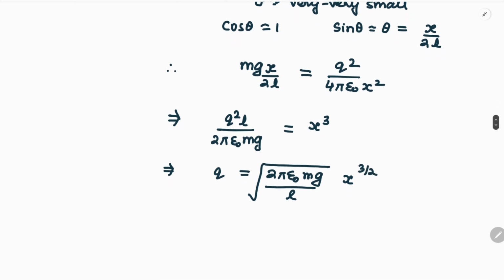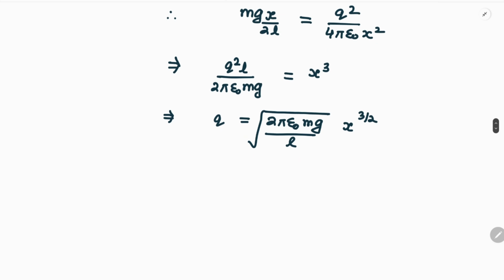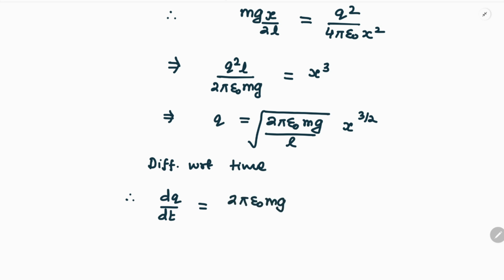So if we differentiate this equation with respect to time, we get dq by dt, the rate at which the charge leaks off, equal to the constant square root of 2 pi epsilon naught mg by L, and then the derivative of x to the power 3 by 2 with respect to time.